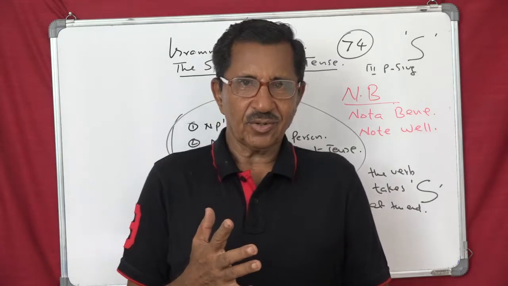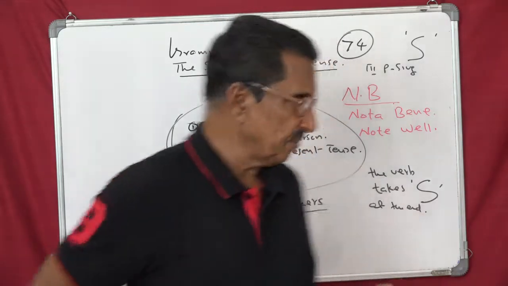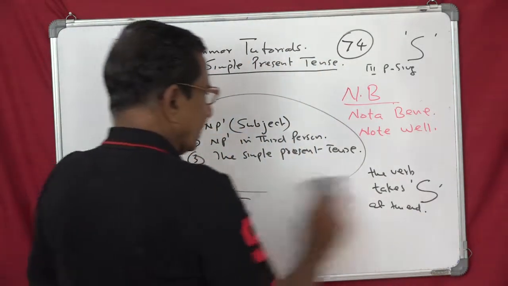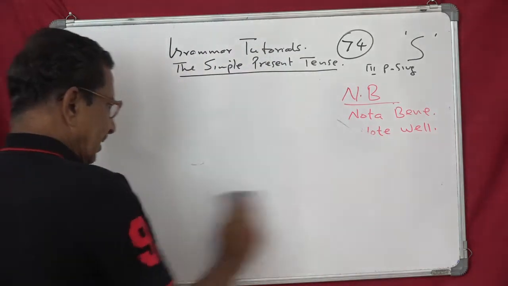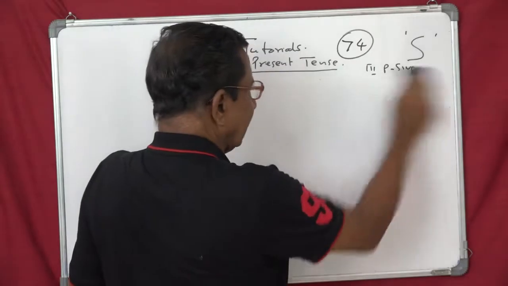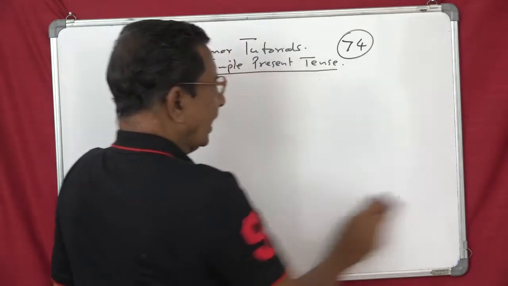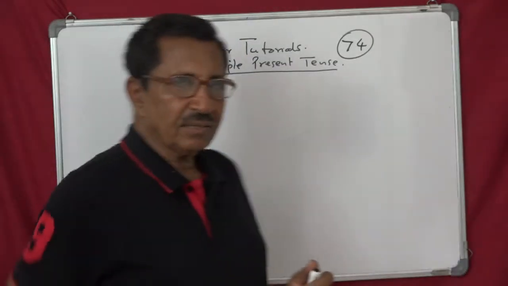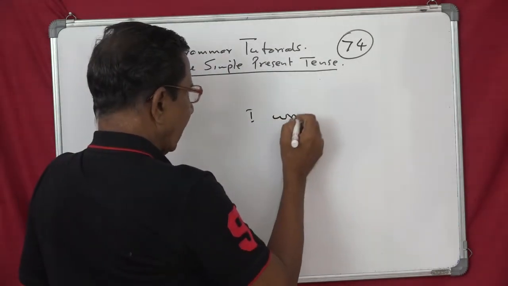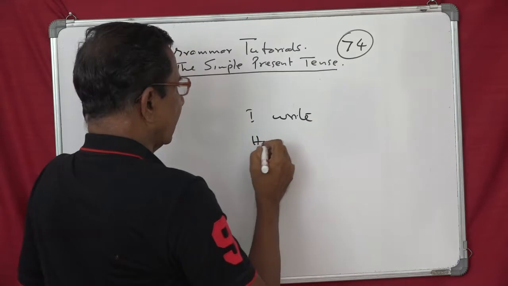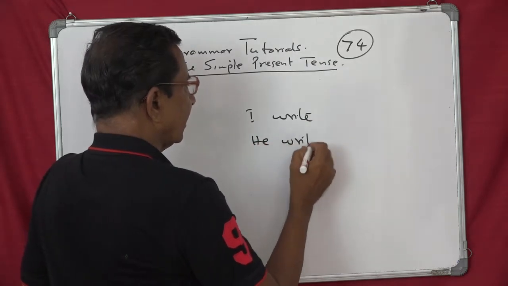So all the 5 places, once again I will write it because this is very, very important. The simple present tense is a tense that we use very often. And it happens that people write like this: I write and he writes.